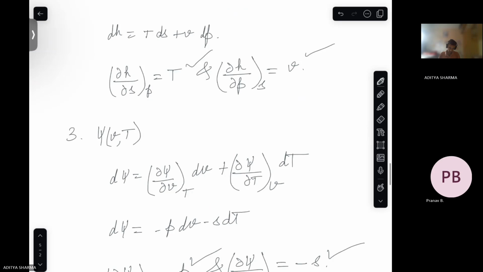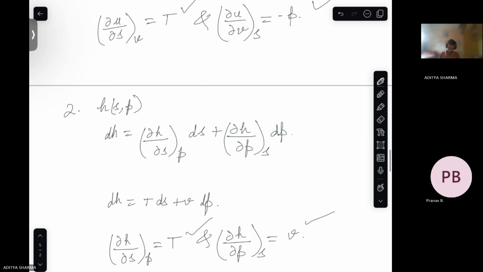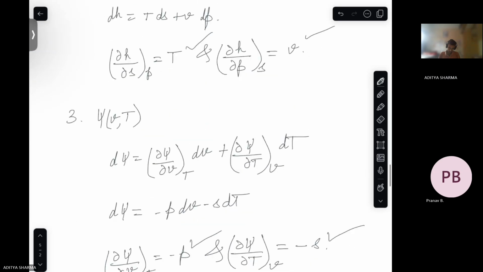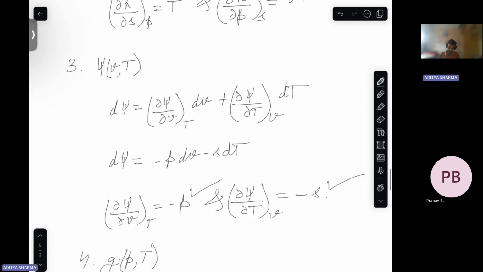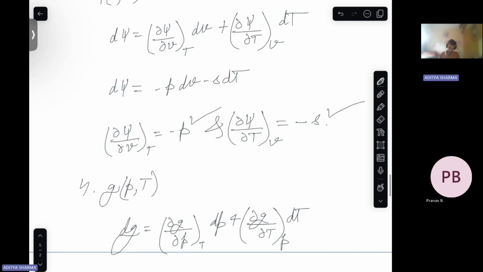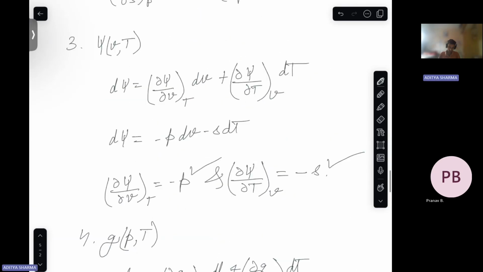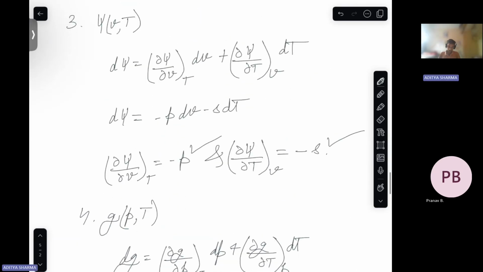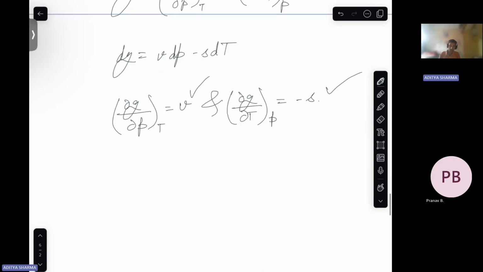Okay. The same way we can compare this specific volume from second and fourth, right? And then specific entropy from third and fourth we can compare. In this way we can get our 4 additional relations. Okay.